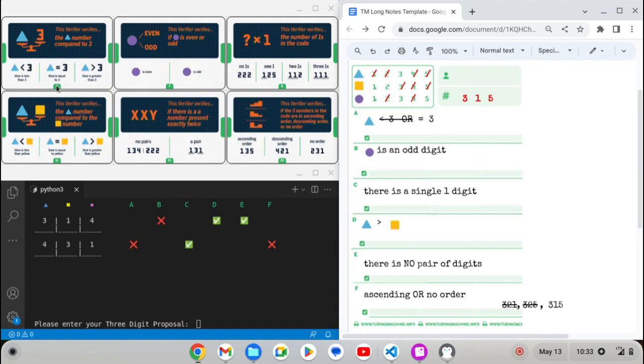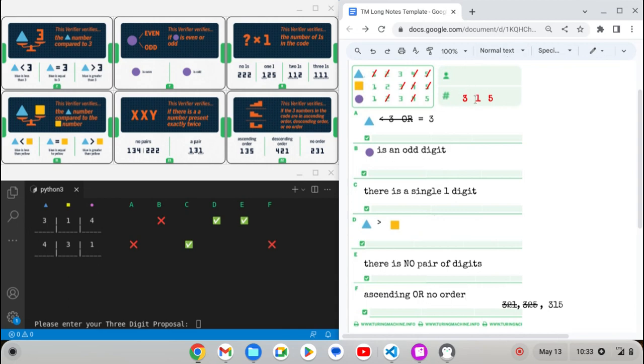So let's take a look. So again, I deduced that it was a 3. So there's my 3. Circle is an odd. Yeah, 5 is odd. There is a single 1. We do have triangle greater than square.